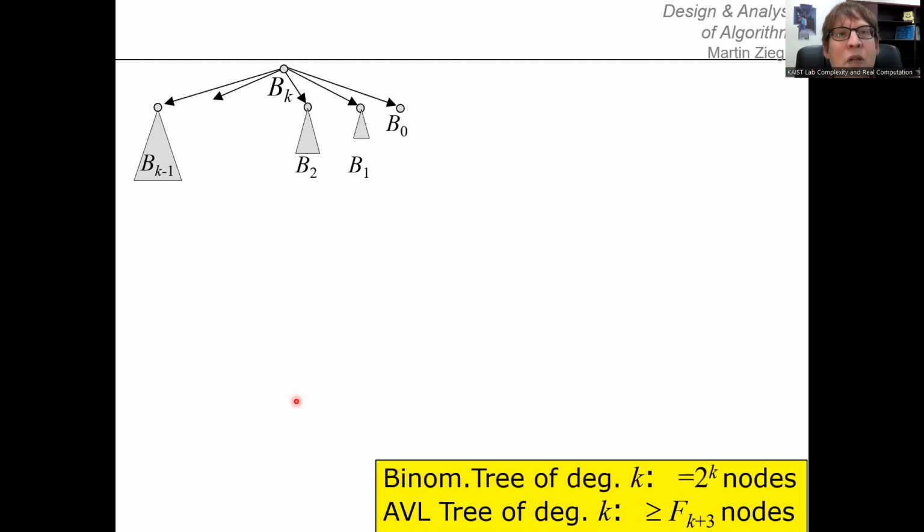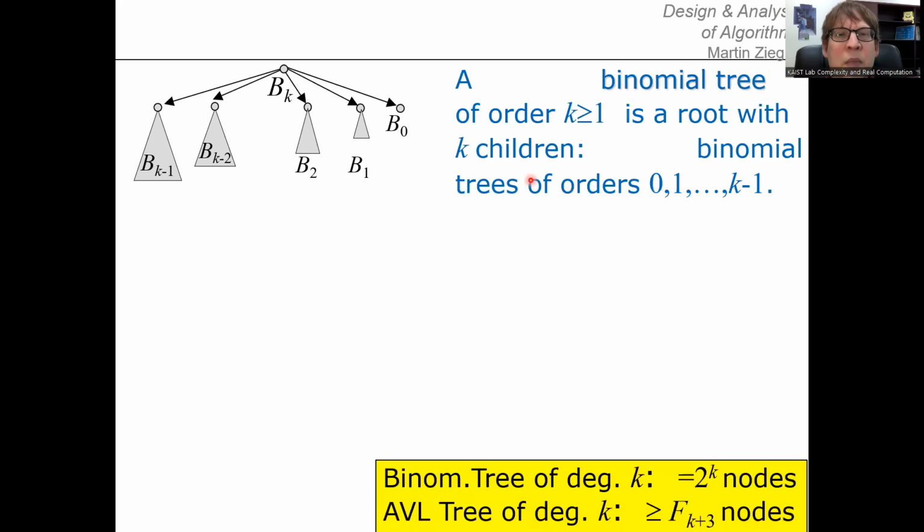So to remind you, here's the picture of a binomial tree of order k, which is a collection of all binomial trees of order less than k, ranging from orders 0 up to k minus 1. And here's an inductive definition.